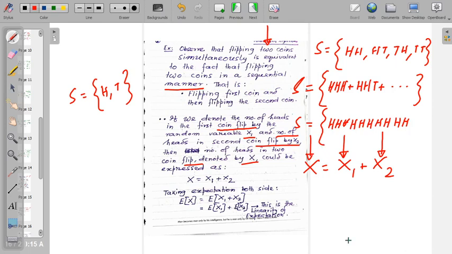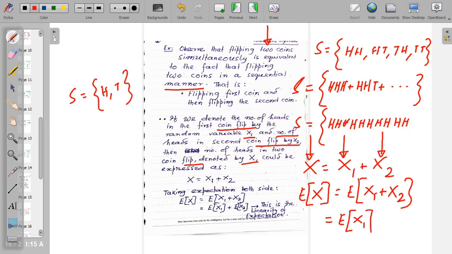Now, if I take the expectation on both sides, the expectation of X and the expectation of X1 plus X2, just like we multiply some number on both sides, then what I get is that it is equivalent to the expectation of X1 plus the expectation of X2.